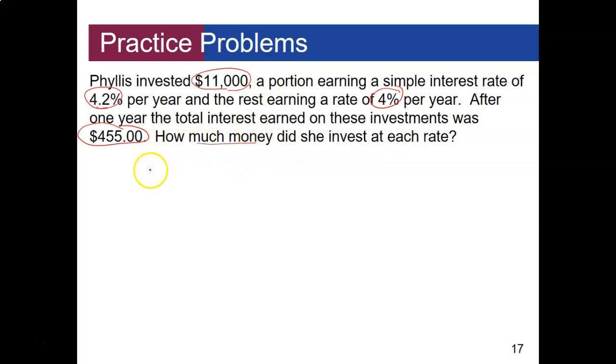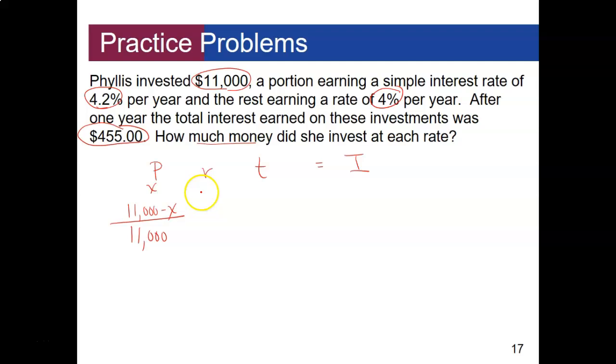Okay, so this is one where we're going to do our principal, our rate, and our time, and then we're going to have our total interest over here. So on the first one, we know that she invested a total of $11,000. We don't really know how much she put in each one, so we'll let this be X, and we'll let this one be 11,000 minus X, and together they total 11,000.